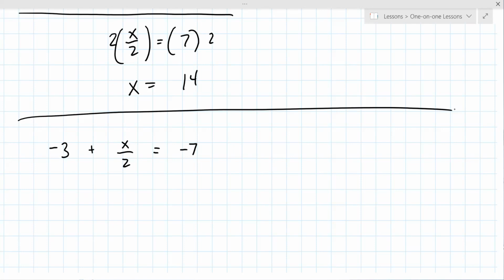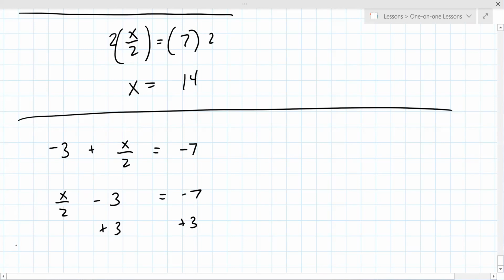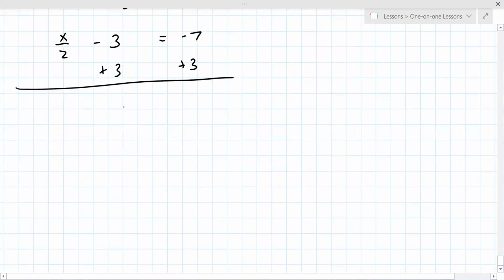All right, so I'm going to go x over 2 minus 3 equals -7. I'm going to add 3 to both sides. X over 2 equals -4. Multiply by 2, so x equals -8.